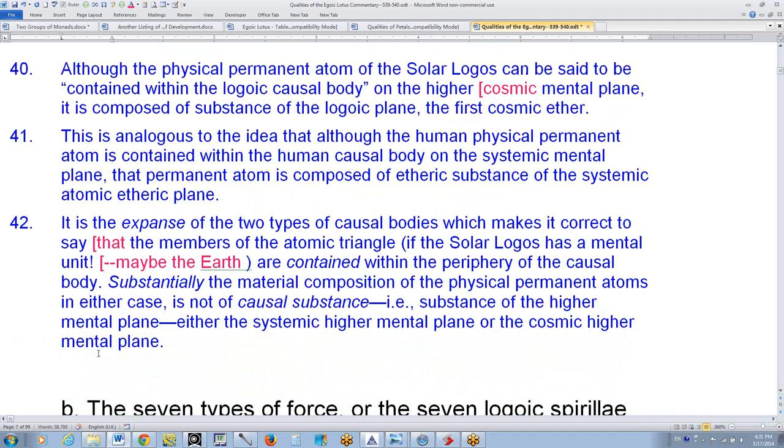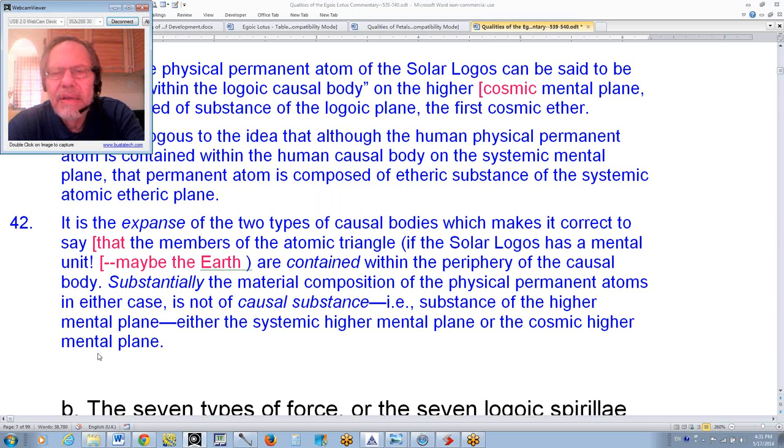So substantially, the material composition of the physical permanent atoms in either case is not of causal substance. I think we understand that. And yet the enshrouding, the ensphering, the containing, so that it's not causal substance, that is substance of the higher mental plane, either the systemic higher mental plane or the cosmic higher mental plane.